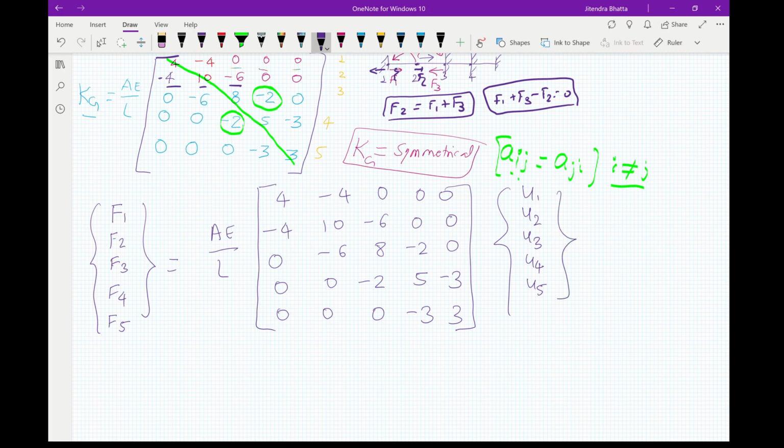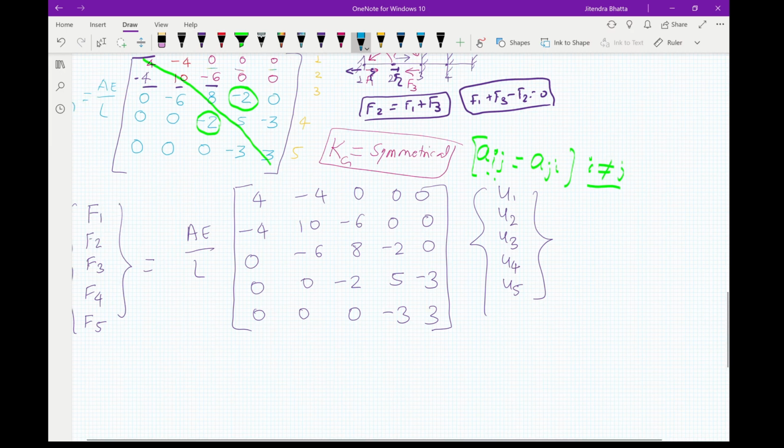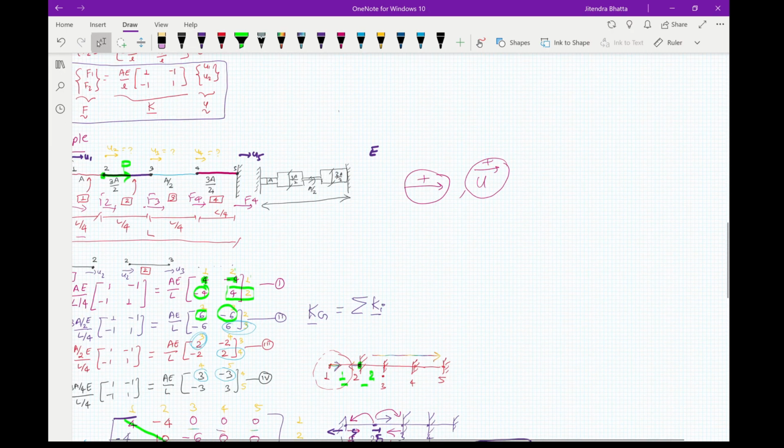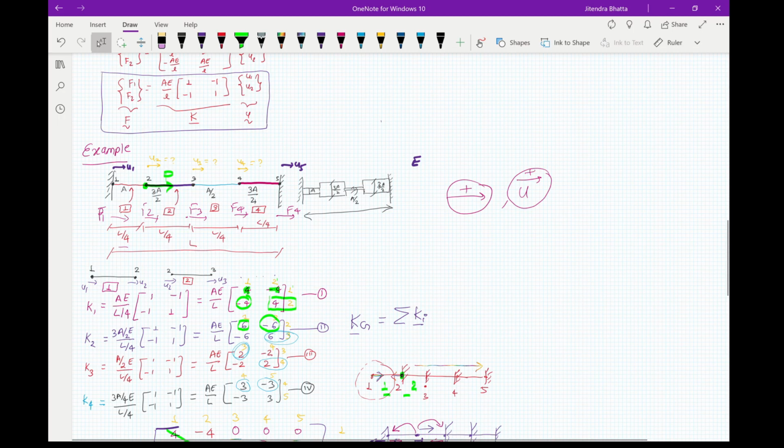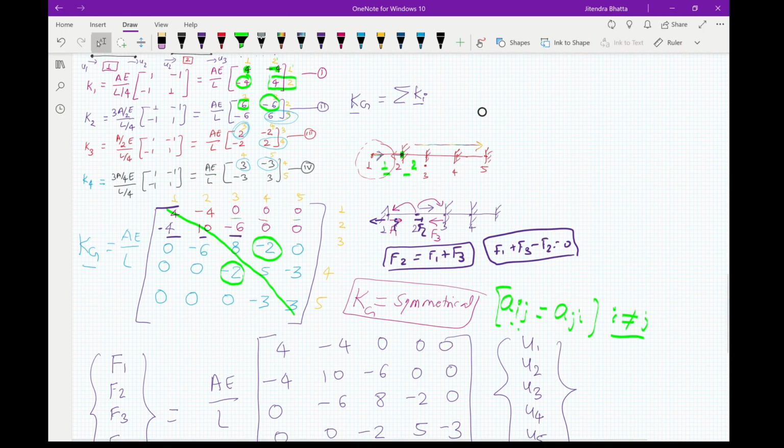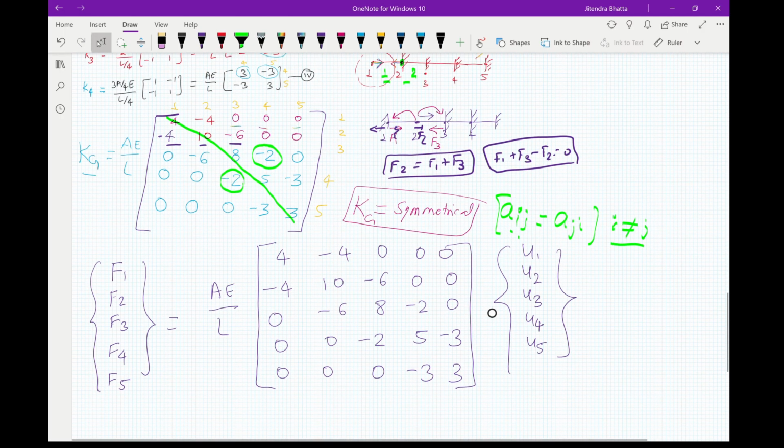Now after you form this global equation, it's time to put our boundary conditions. You can see here that U1 here and here are fixed. That means they won't be able to move in the axial direction.